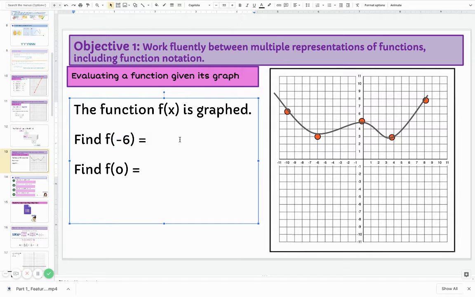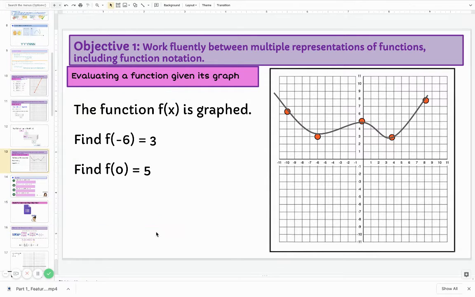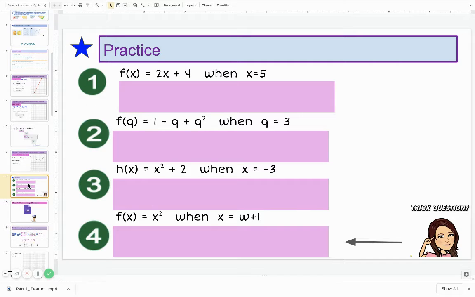So that means when x is -6, y is 3. Find f of 0. So when x is 0, y is 5. Okay, so it's simply reading the graph. Okay.